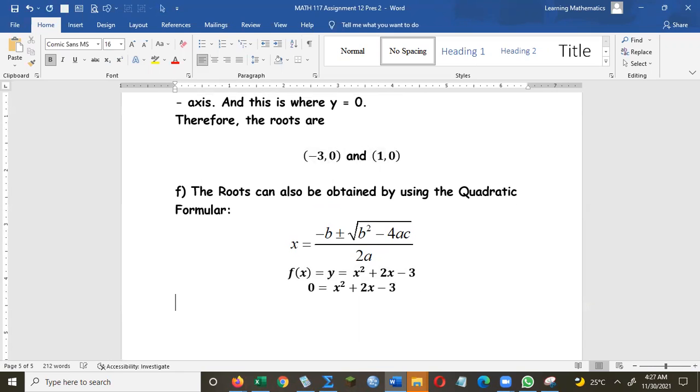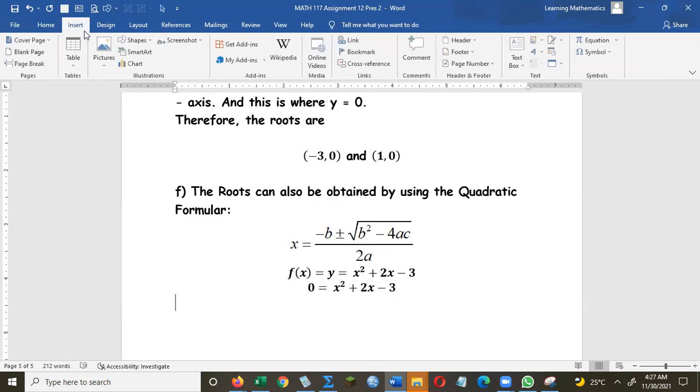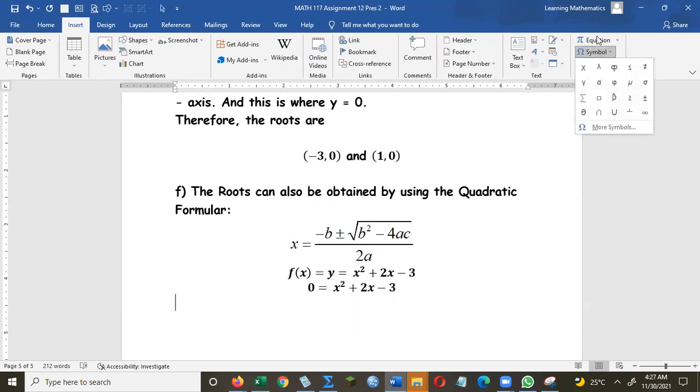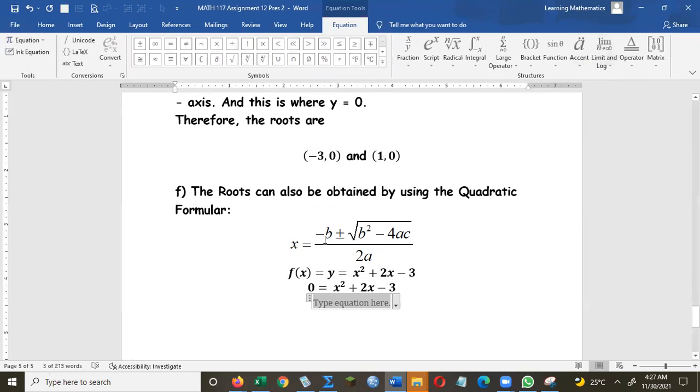And how to do that? We have to identify what a, b, and c are to substitute into this quadratic formula. So a is equal to 1, because if you don't see a number in front of the x squared, there's an invisible 1. b is equal to 2. c is equal to -3.